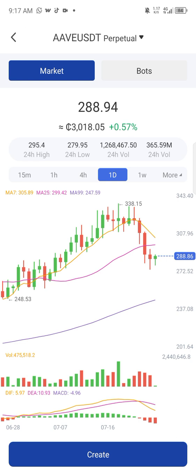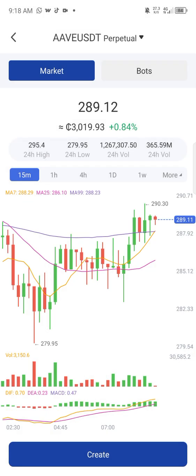Remember that in a downtrend, the 99 moving average, which is the purple line, is on top, and then it is followed by the 25 moving average, which is the pink or red line, and then we have the 7 moving average, which is the golden line. It follows in that order, and that indicates that we have a downtrend, right?